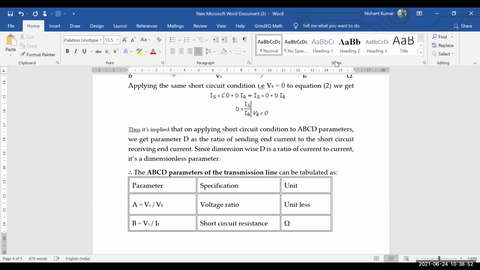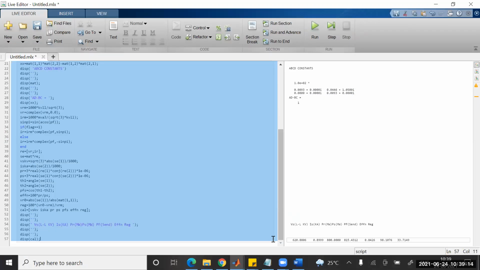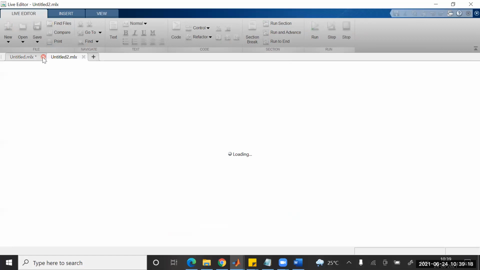We'll stop sharing here and change the sharing to MATLAB. Share screen, and from here we'll get to MATLAB.